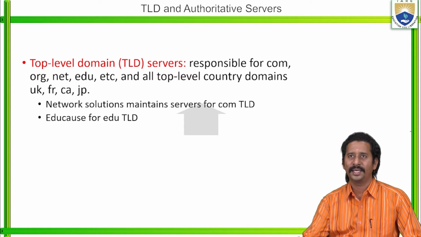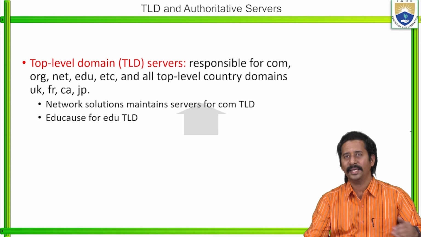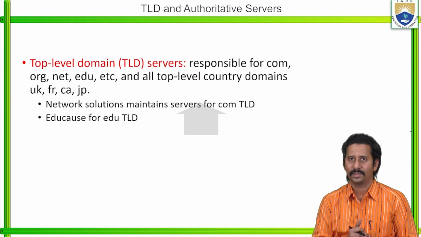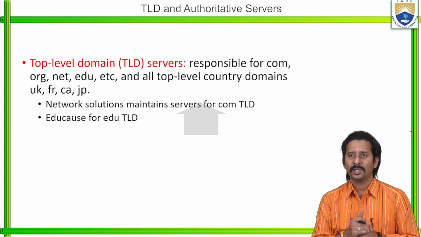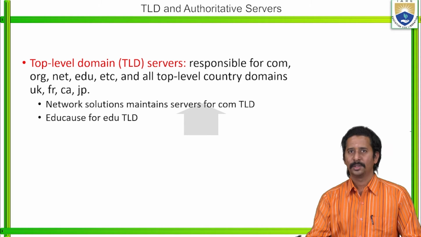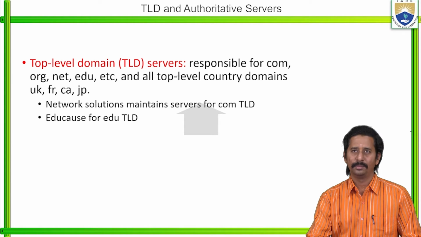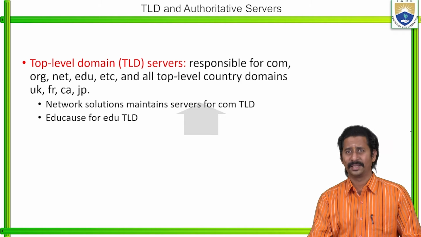Then coming to the TLD and authoritative servers. So TLD means here the top level domain servers. What are those top level domain servers? These servers are responsible for .com, .org, .net, .edu. There are a number of top level domain servers.